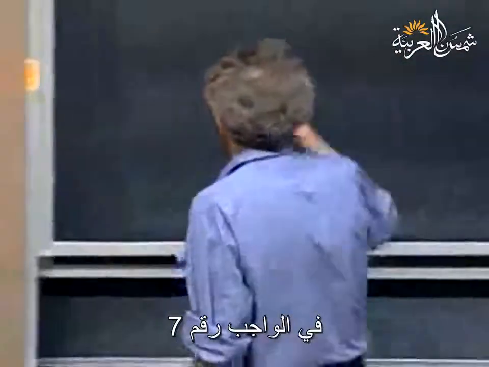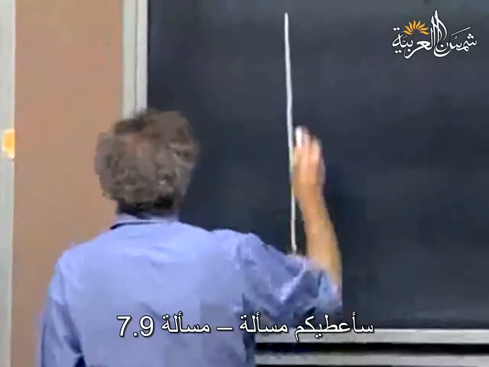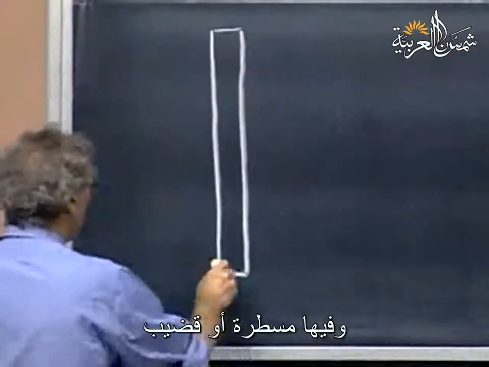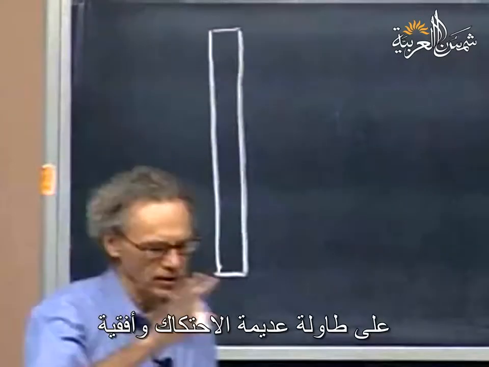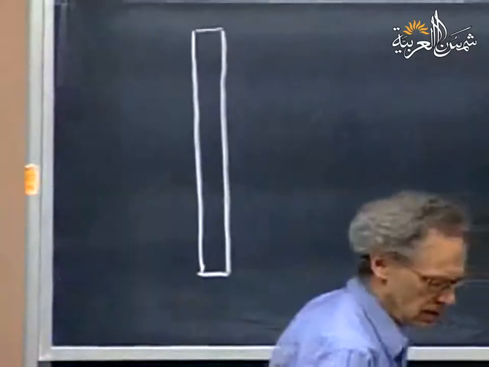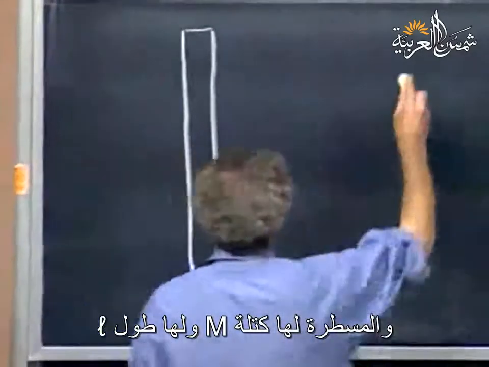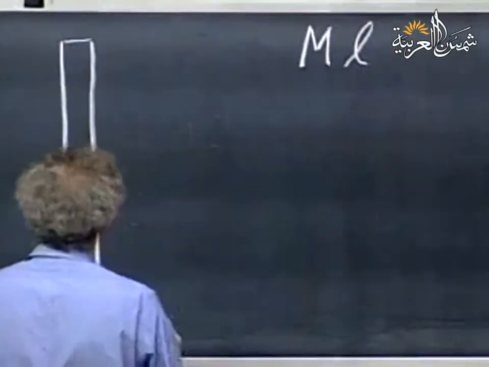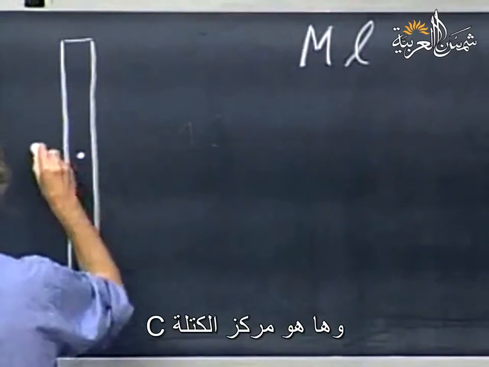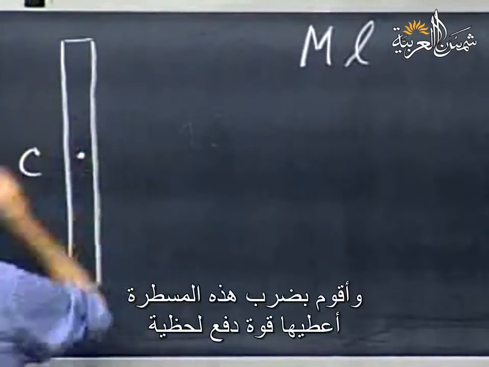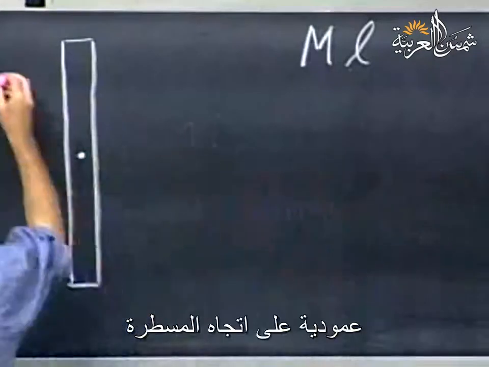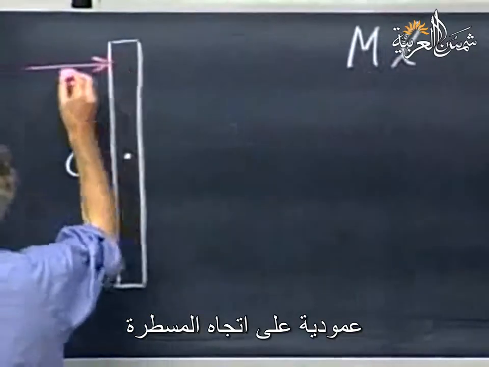On assignment number 7, I give you a problem, problem 7-9, in which I have a ruler or a rod on a frictionless horizontal table. And the ruler has a mass M, and it has a length L. And here is the center of mass at C. And I hit that ruler, I give it an impulse, perpendicular to the direction of the ruler.